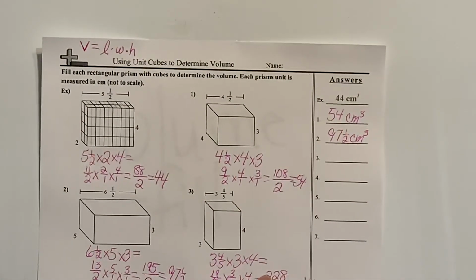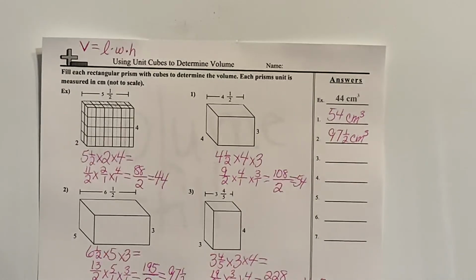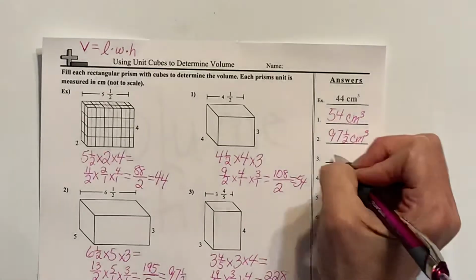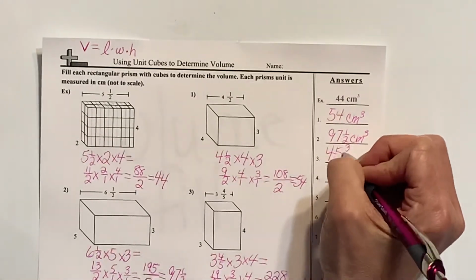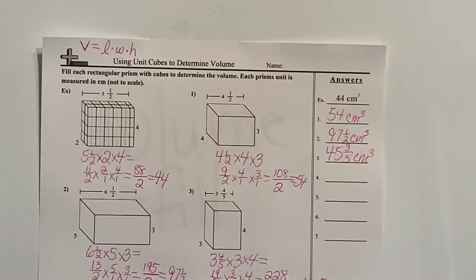So 228 minus 225, that gives me 3 left. 3 would be my remainder, and we have fifths, 3/5. So 45 3/5 centimeters cubed.